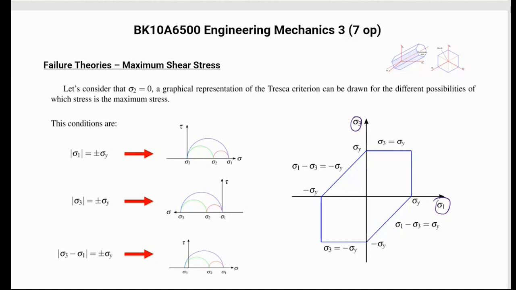If it's totally positive, you just have to take care that the stresses are not larger than sigma 1, and that's why you have these two possibilities here. If you have the negative side, you have to be worried about the value of sigma 3. That's why you have this case here. And what happens in between falls between those two intersection lines.